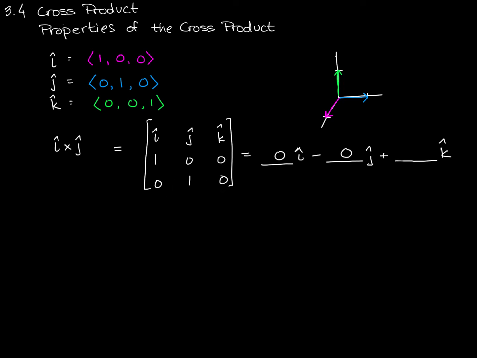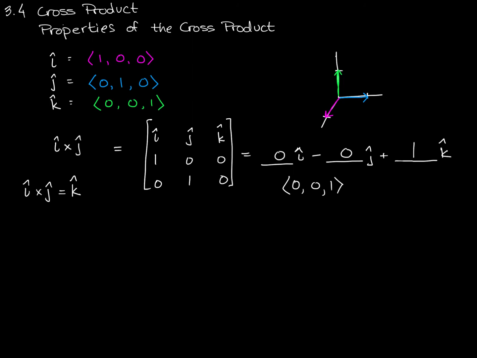And lastly, crossing out k's row and column, I get 1 times 1 minus 0. So here I get 1. So i crossed with j equals k. That's 0, 0, 1. That is the k, the standard unit vector k.